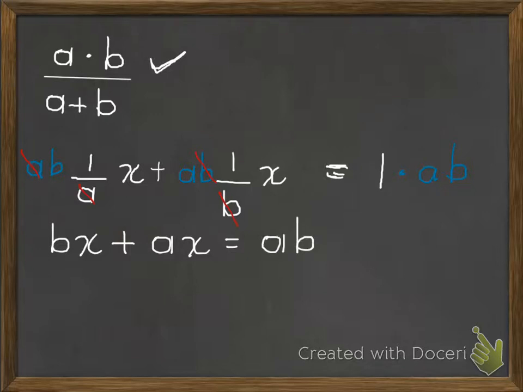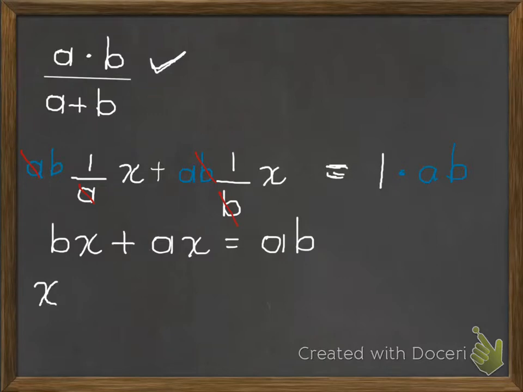Now, you learned in the last chapter that whenever you have a common factor, you can take out that common factor outside parentheses. And now we have this common factor of x. So we take that common factor out since we're solving for x. We're solving for the number of hours that it takes to complete the job.